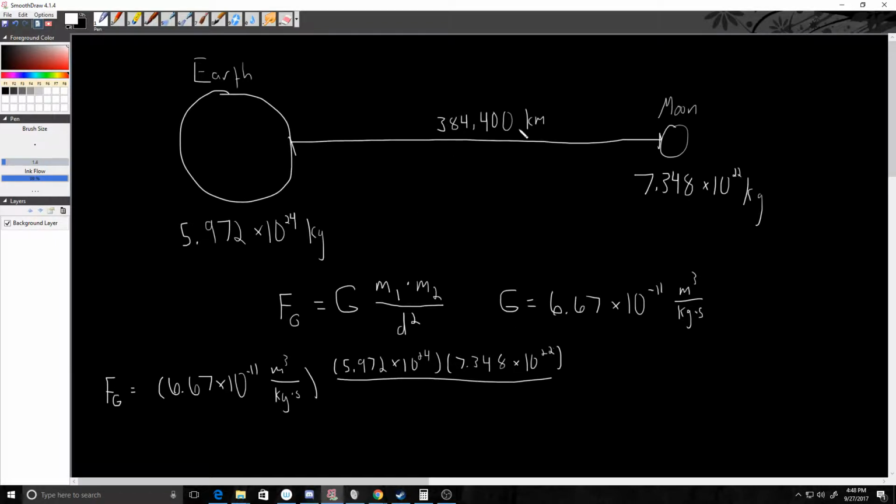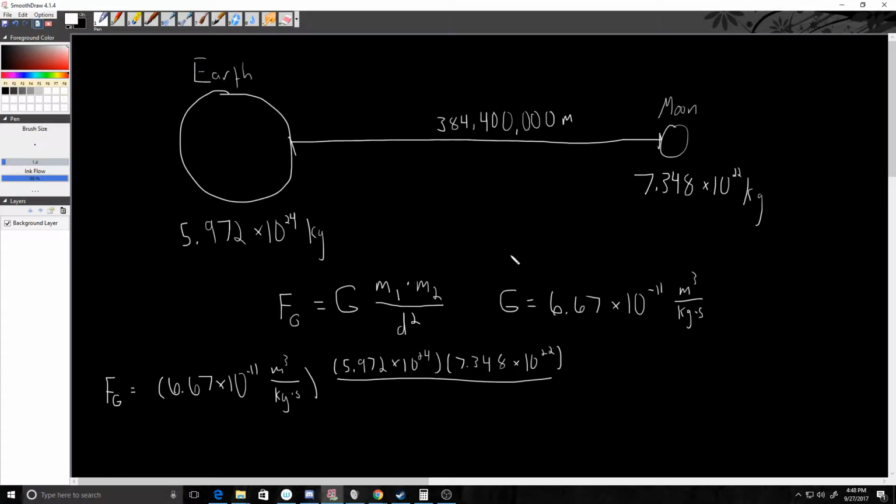Now, a little bit of trickiness here. Kilometers in our distance, meters in our constant. So we need to get this into meters. Let me go ahead and erase this guy here. Let's just tack on 3 more zeros and voila.